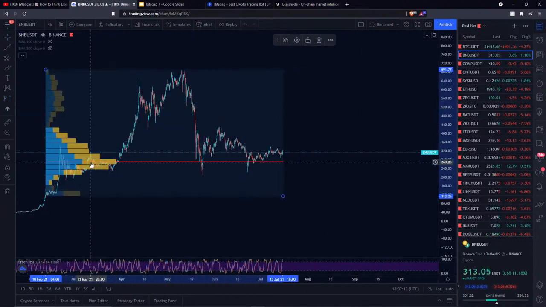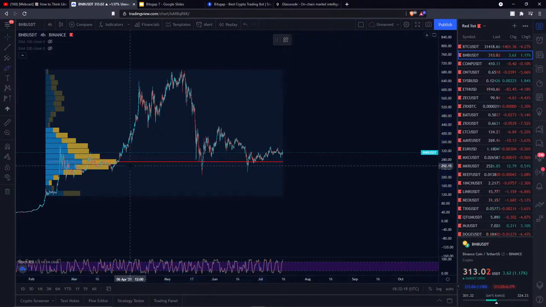The thing about the volume profile on BNB is that the price right now is above the point of interest, and the point of interest is exactly the price, for BNB, sorry, that's 271. That's exactly where we had the most volume traded for this cryptocurrency pair.